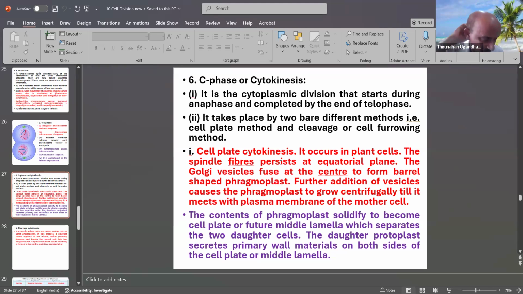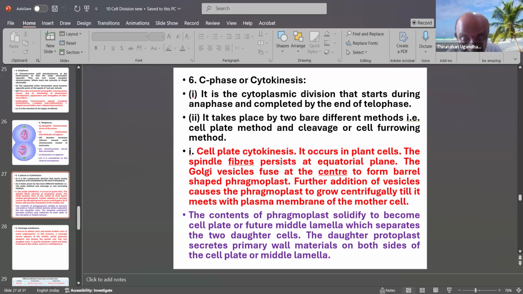After prometaphase, metaphase, anaphase, telophase comes the C phase, meaning the cytokinesis stage. Cytokinesis means only the protoplast is divided. The content of the phragmoplast becomes the cell plate or future middle lamella, which separates the two daughter cells.